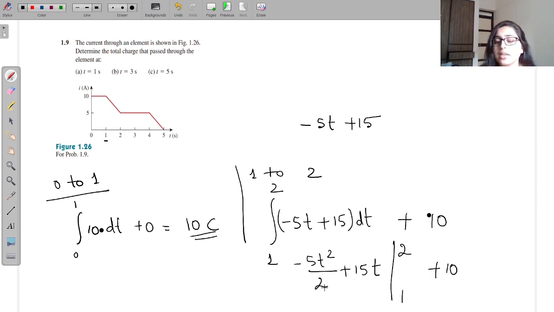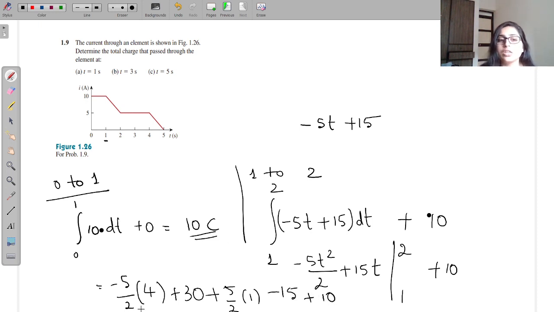So this is minus 5 by 2 times t square, which is 4, plus 15 times 2, which is 30, next plus 5 by 2 at 1, next minus 15, plus 10. So this is minus 10, minus 10 plus 30 is 20, 20 plus 10 is 30, 30 minus 15 is 15, 15 plus 5 by 2, 15 plus 2.5 is 17.5. So here the value is 17.5 coulomb.